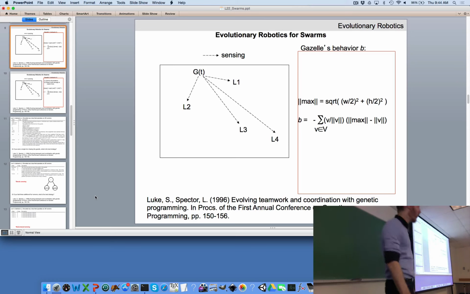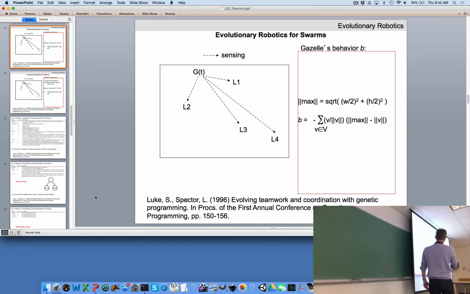Okay. So again, I mentioned what the gazelle is doing. The gazelle computes the 4 vectors that connect it to the 4 lions. We then sum those 4 vectors. So uppercase V over here is a set of 4 vectors that connect each of the 4 lions to the gazelle.